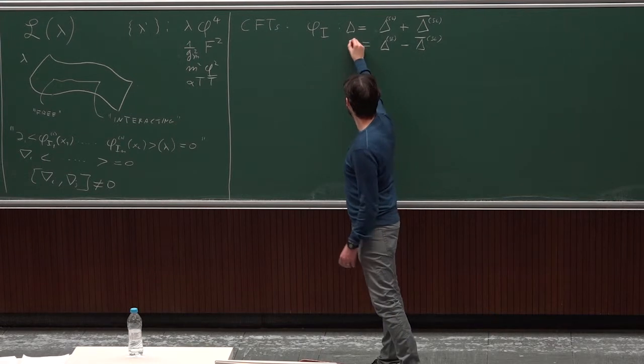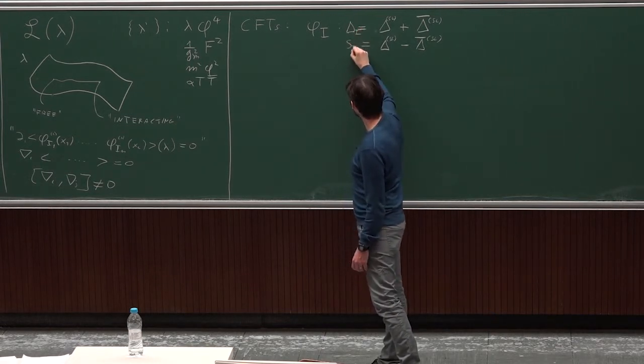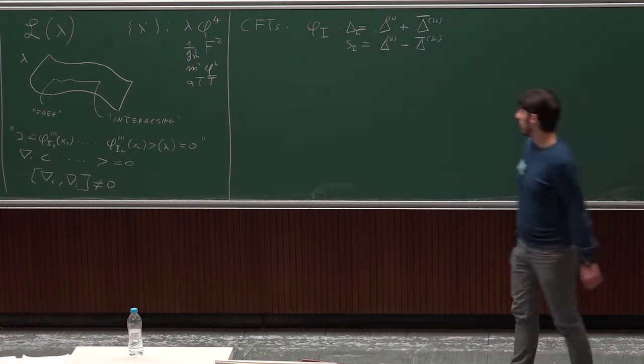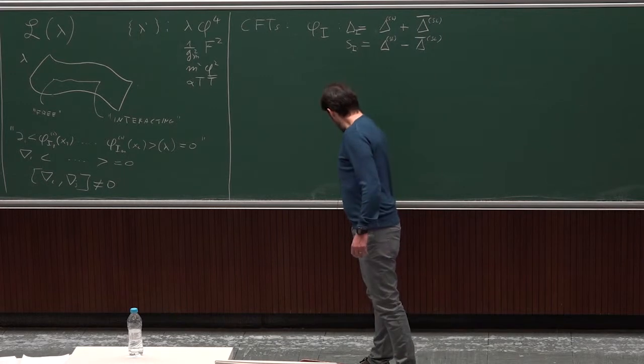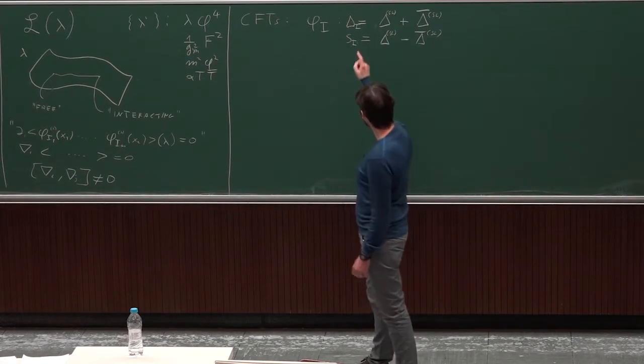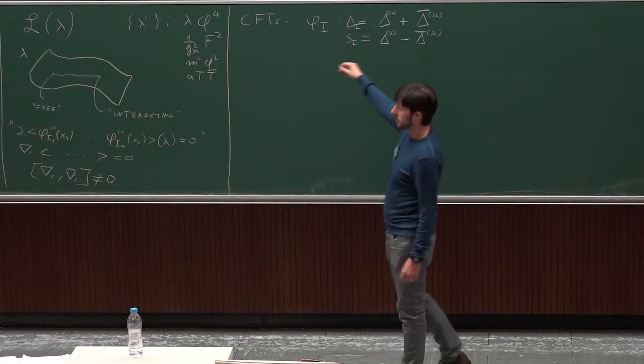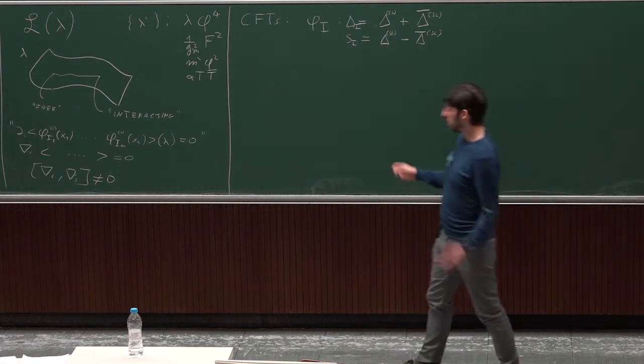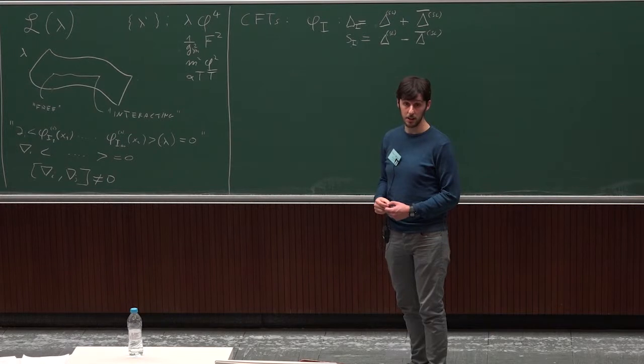And the spin, so I put an index i here, will just be the difference, the conformal spin. This is better. And a theory is specified if I give you the spectrum of operators, all the conformal dimensions and spins, but I also have to give you the dynamical content.